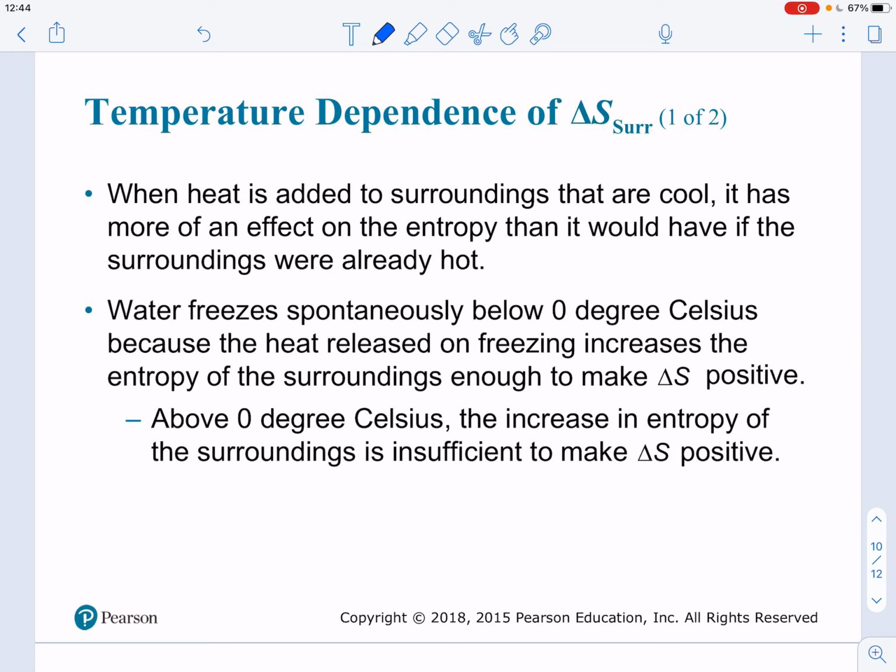It's not a spontaneous process at that temperature. But if you decrease the temperature to 0 or below 0, then the water will freeze. So it's spontaneous in that case. So in the process of freezing water, pretty much the same as when water gas is condensed into liquid form.